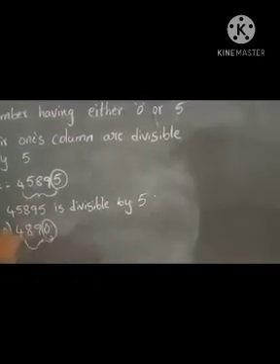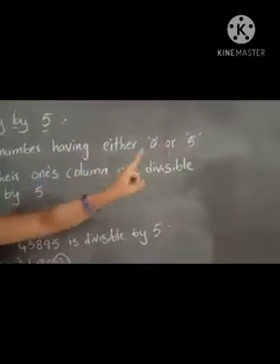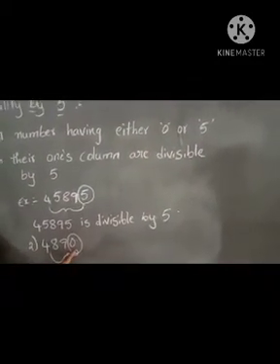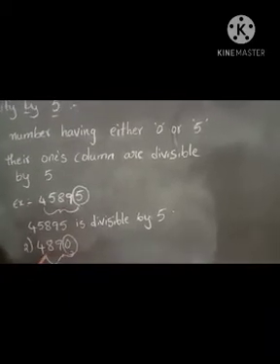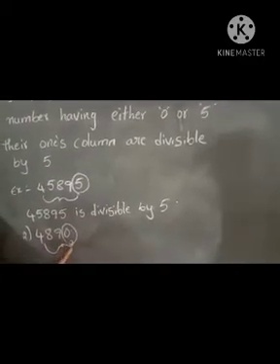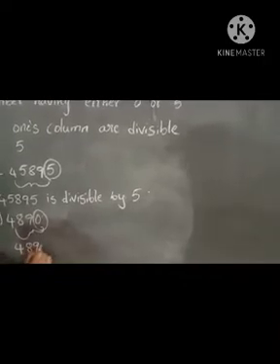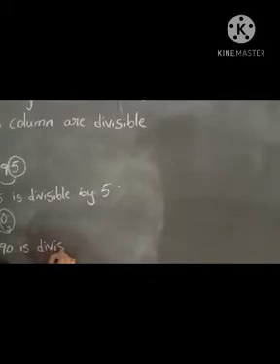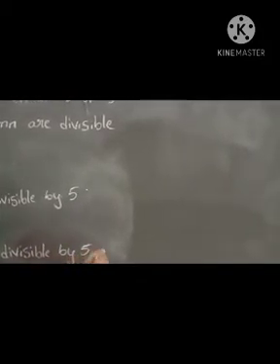The rule is all numbers having either 0 or 5. So 4,890 is divisible by 5. Okay.